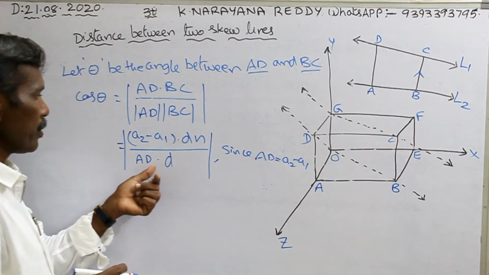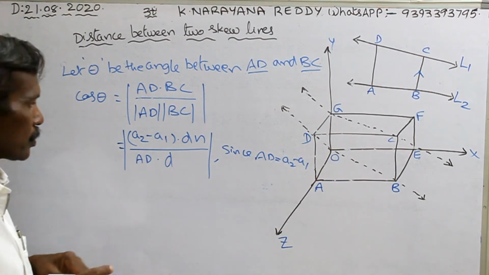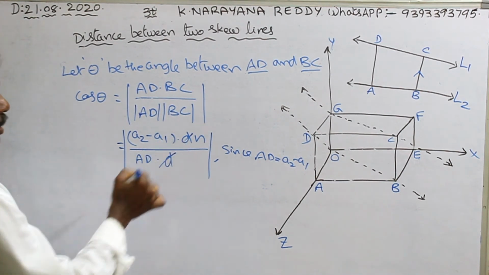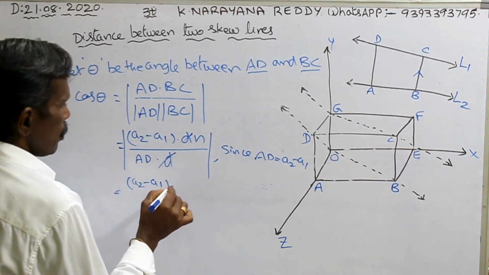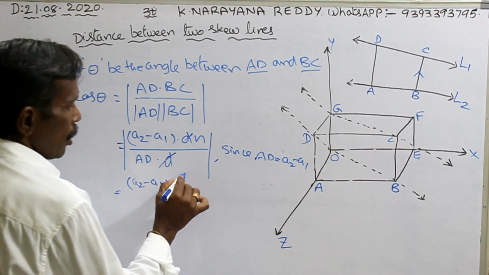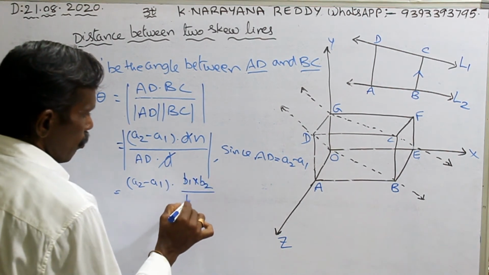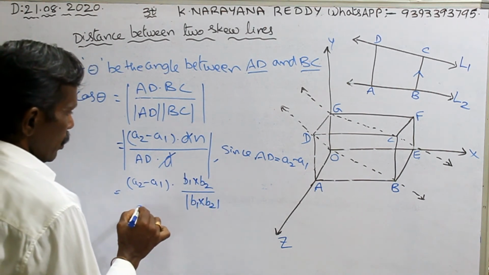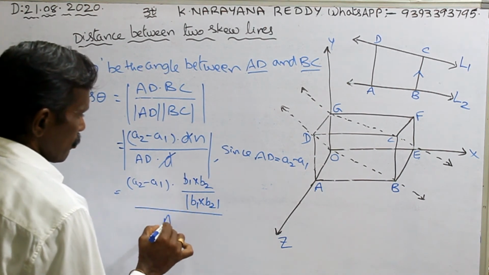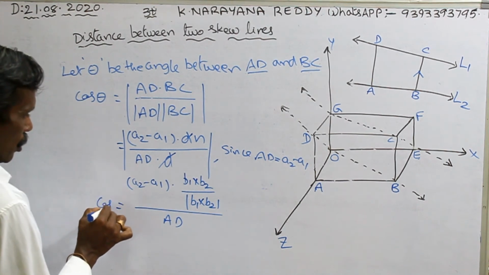Now AD dot d n is d times (a2 minus a1) dot n. d and d get cancelled. a2 minus a1 dot n, where n is b1 cross b2 divided by mod b1 cross b2, okay, divided by AD is equal to cos theta.